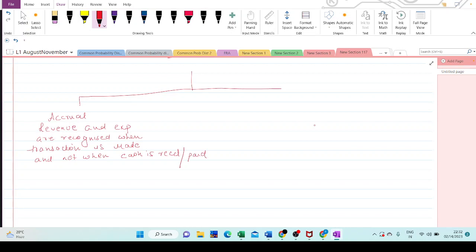And the other branch of accounting is the cash basis. Under the cash basis of accounting, revenue is recognized in your income statement when cash is received, and expense is recognized when cash is paid.